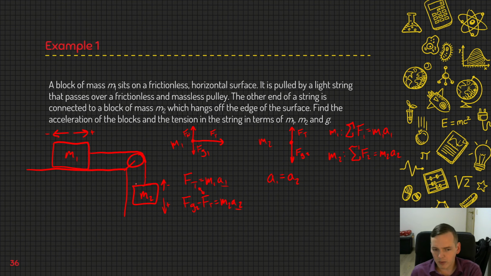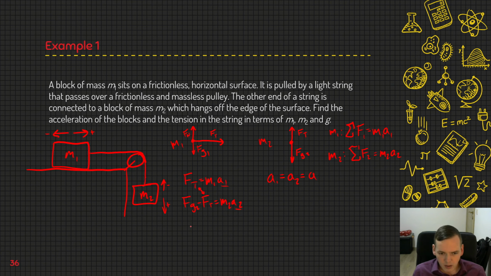Conversely, if A1 was bigger than A2, that would mean the blocks get closer together and the string would bunch up. If the string bunches up, then the tension force goes away because it's not pulling anymore. So that means A1 has to equal A2, and we'll just call it A for convenience.